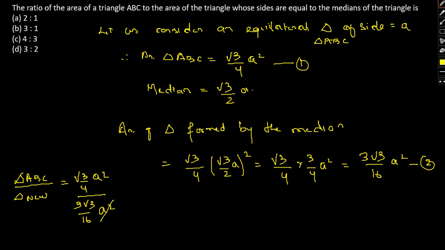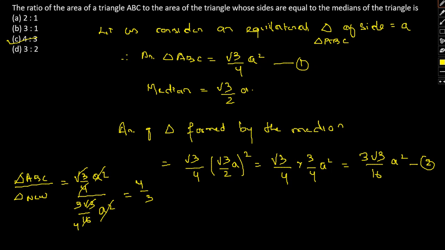So if we take a look at the ratio, a square gets cancelled, root 3 gets cancelled, 4 4s are 16, so the result comes out to be 4 by 3. Hence option C here, this is the answer.